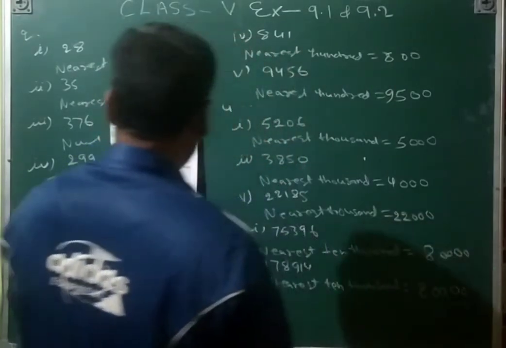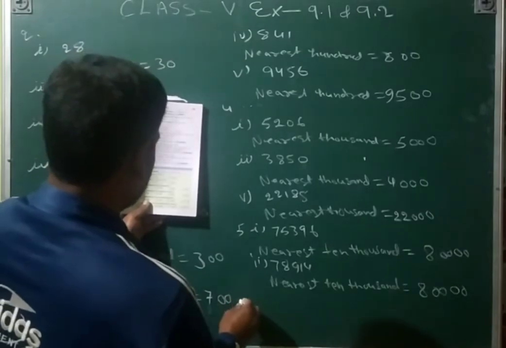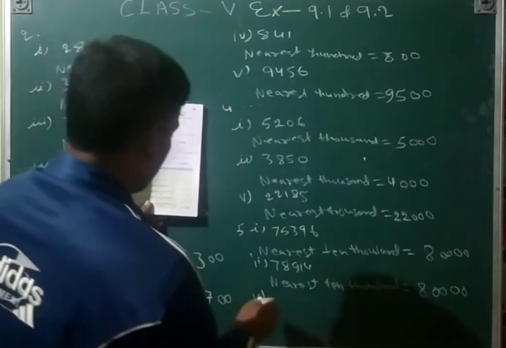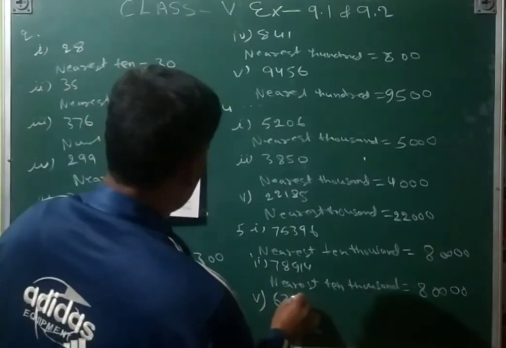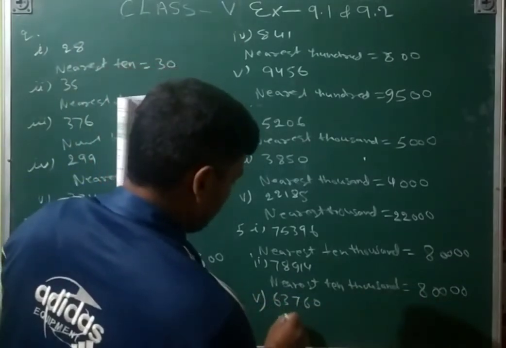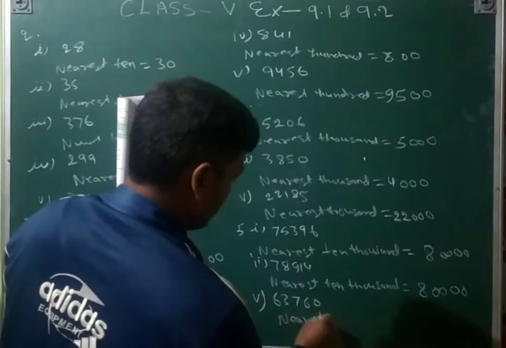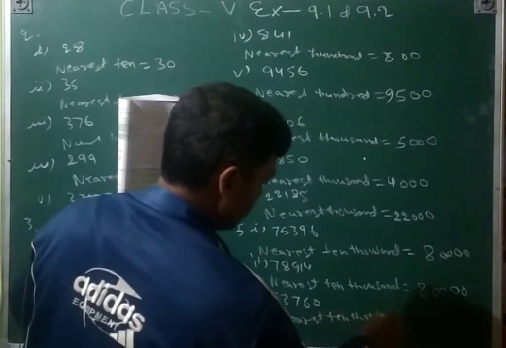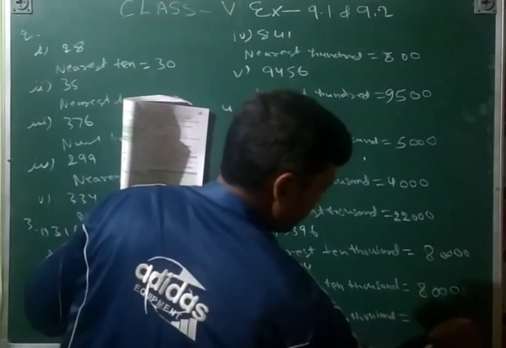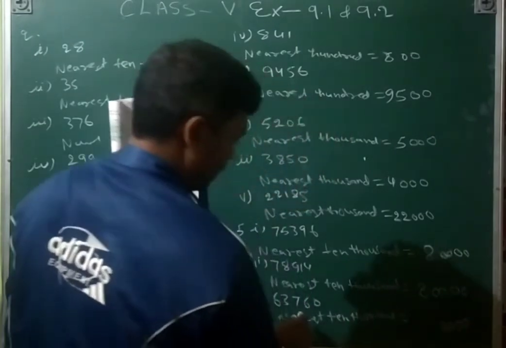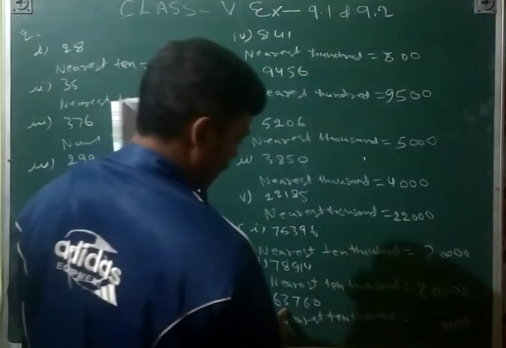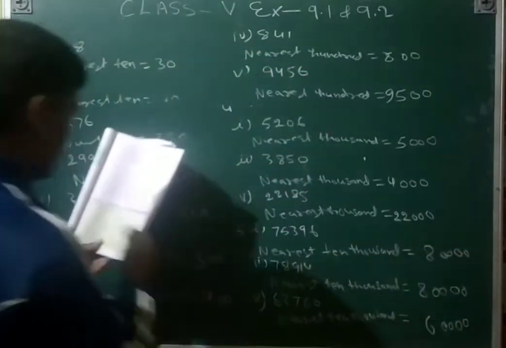And then one more part, the fifth part, the other part you can do, 63, nearest 10,000 is 60,000 will come the same, and this is a 3, so 6 will be the same.